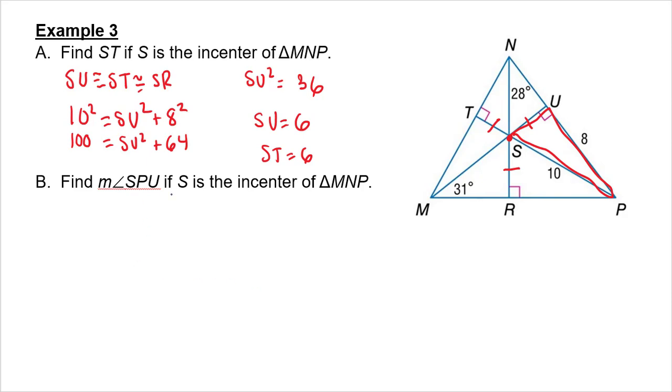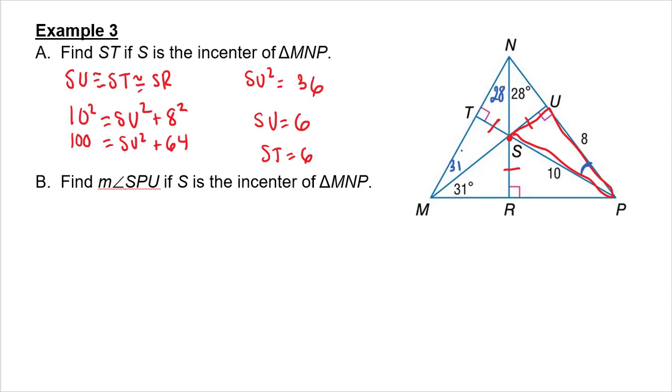Find the measure of SPU. Okay, SPU. So I need to find the measure of this angle here. Okay, well, my way of thinking about this is if S is the incenter, then this angle is 31, this angle is 28.